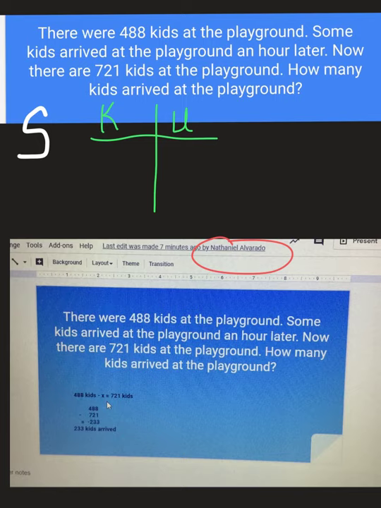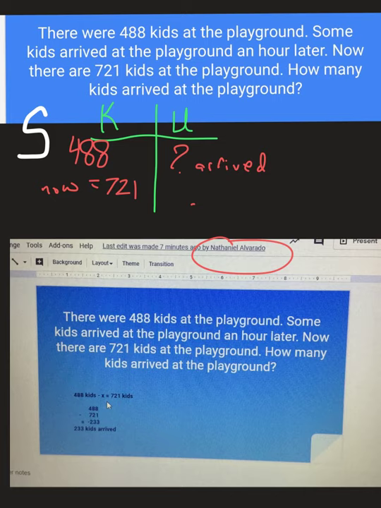What we know is that there were 488 kids to start. Some kids arrived, and now there are 721 kids at the playground. Before going into our launch, I just want to show that when we organize this, the problem is a join problem.